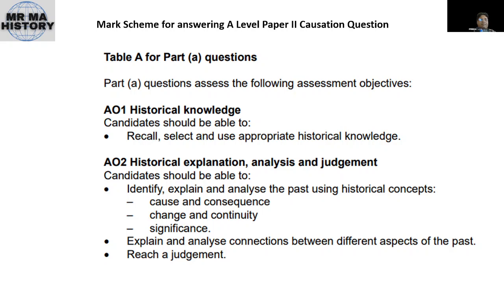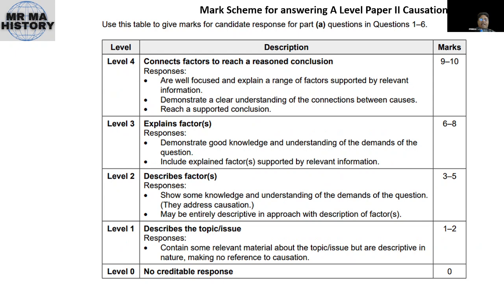However, the Cambridge mark scheme assesses all these skills on a scale that has levels, as you can see, between 0 and 4, and each level shows the quality of response from low to high, with reserved marks.